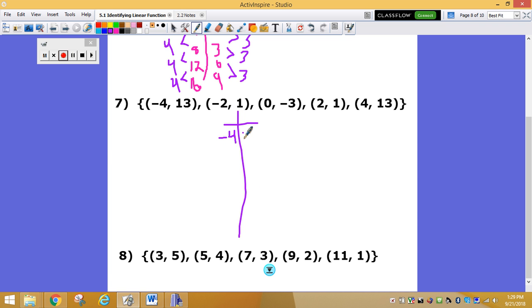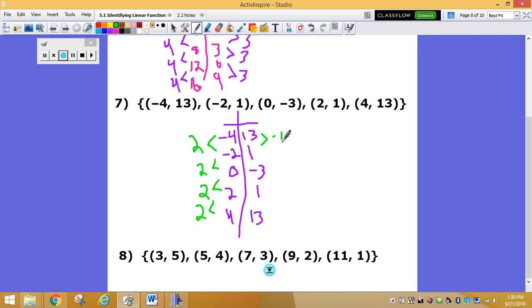Negative 4, 13 is my first ordered pair, negative 2, 1, 0, negative 3, 2, 1, 4, 13. So, negative 4 to negative 2, you go up 2. Negative 2 to 0, go up 2. 0 to 2, go up 2. 2 to 4, go up 2.